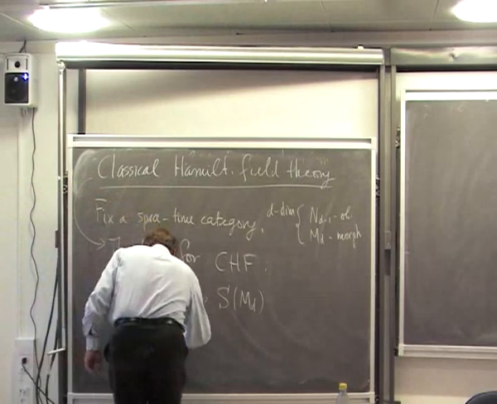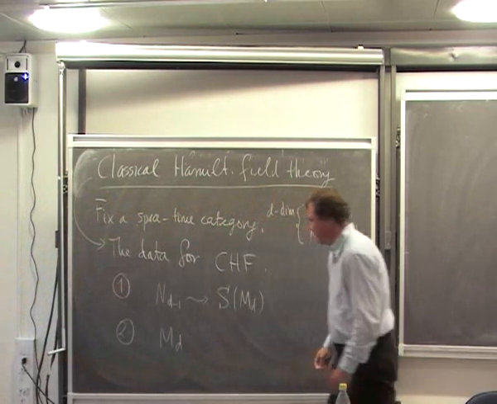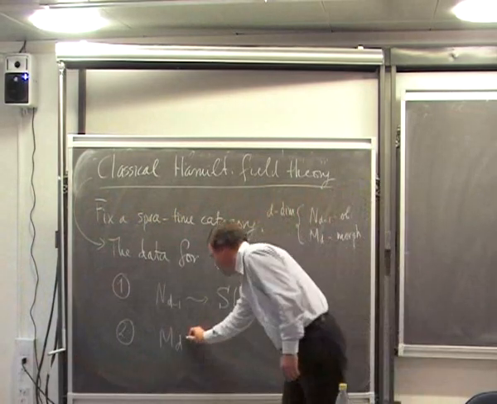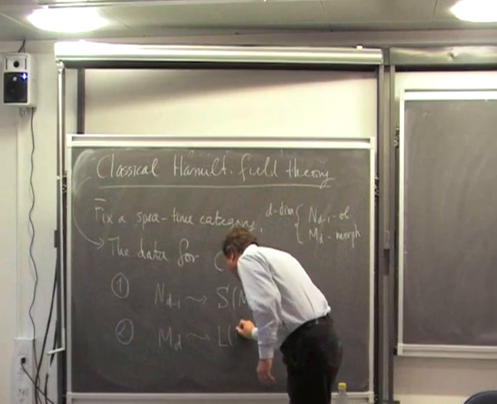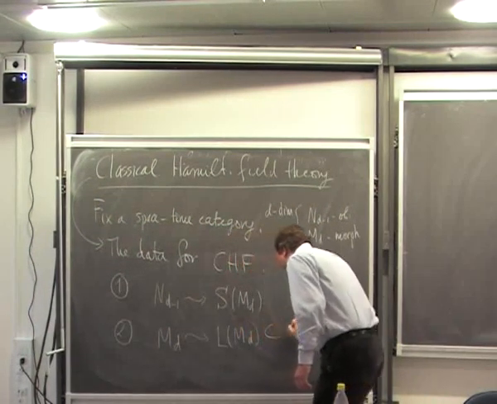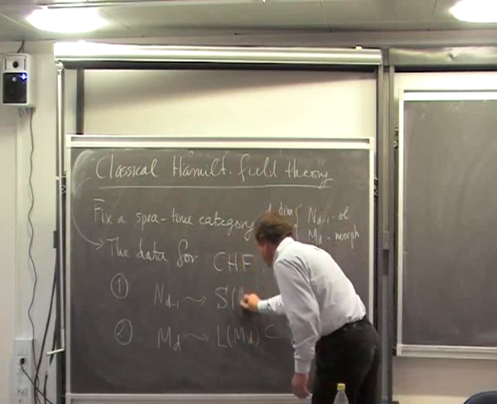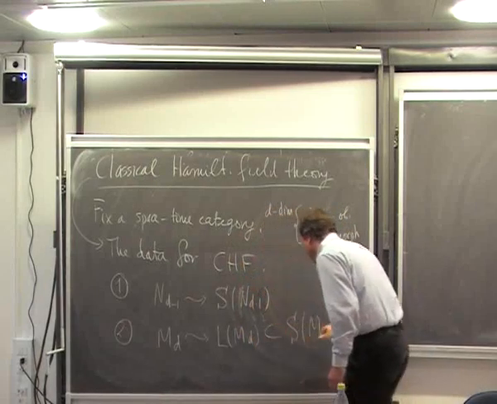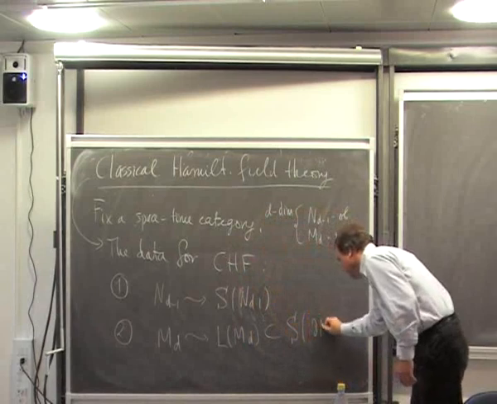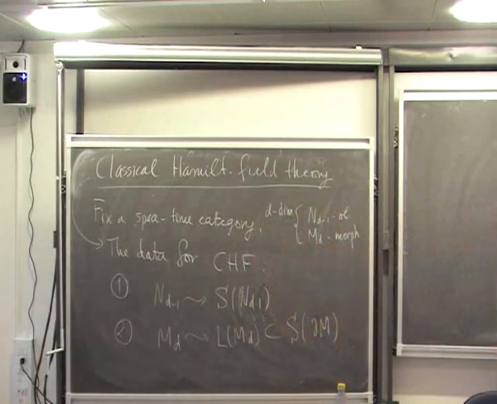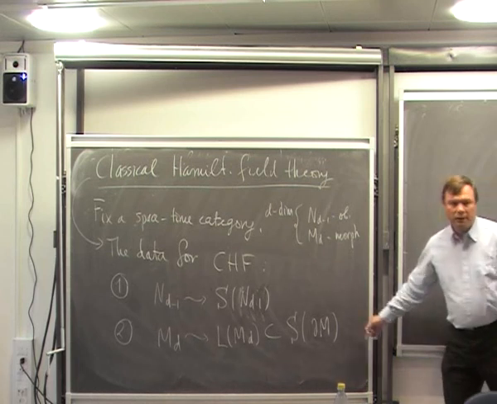And then to each d-dimensional space-time M we assign a Lagrangian submanifold in this, oh I'm sorry, this is M_{d-1}, the (d-1)-dimensional boundary of M. So roughly speaking, this is the data.